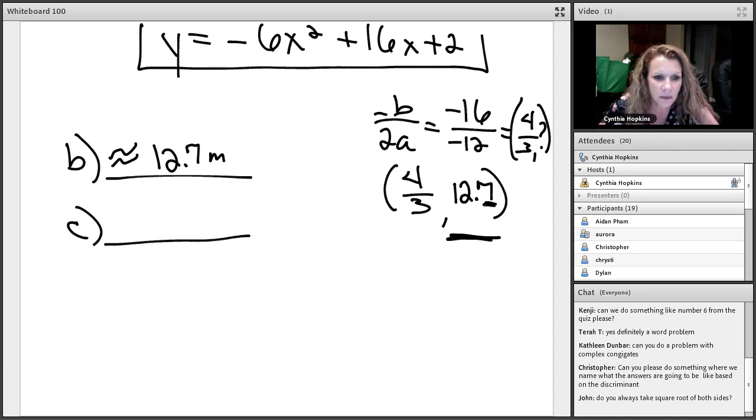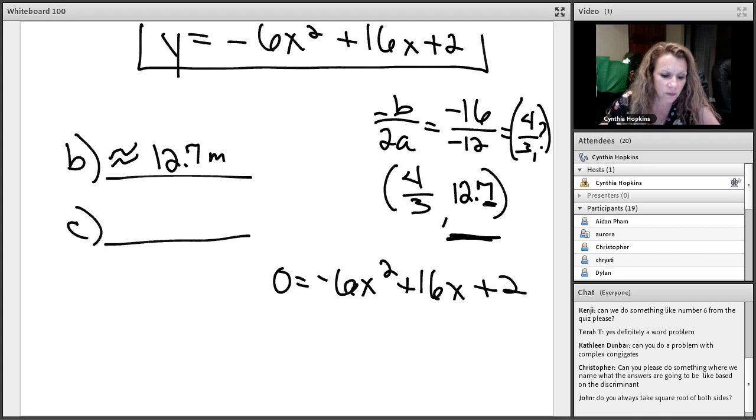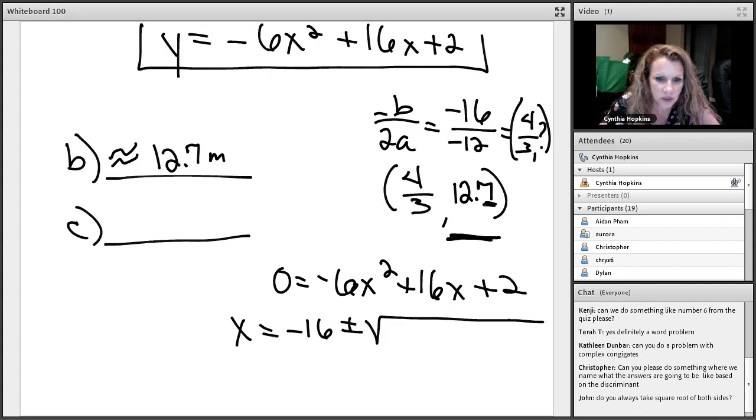So for C, I'm going to take my equation, plug in 0 for my y, write the rest of the equation here. Negative 6x squared plus 16x plus 2. Okay, I plugged in 0 for my y because I'm looking for my x-intercepts. All right, so x equals the opposite of b, plus or minus the square root of b squared, 256.